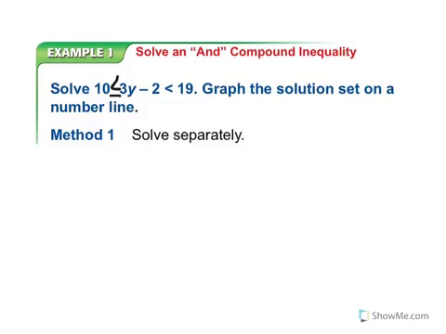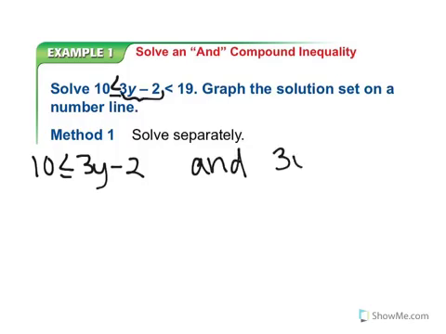So what you can do is write this as 10 is less than or equal to 3y minus 2. And then we're going to separate this by putting an and. We're going to rewrite the middle term, 3y minus 2 is less than 19. So essentially we just split this up, and we're going to solve these separately.